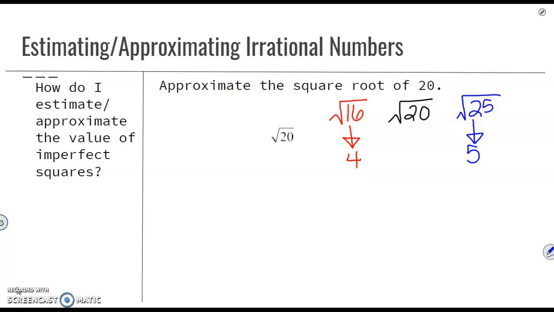Now, we're going to subtract our perfect squares. 25 minus 16. This is going to leave us with 9, which will be your denominator.